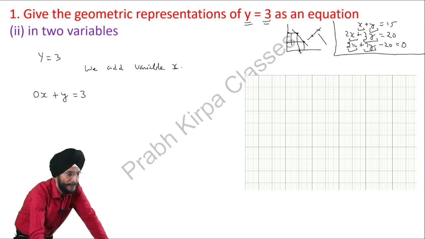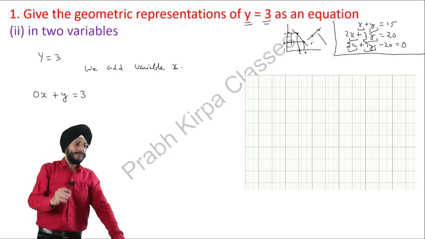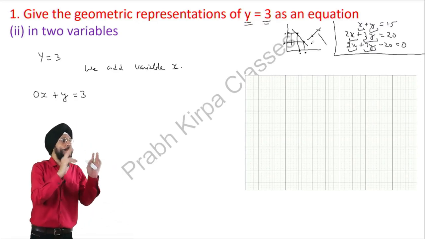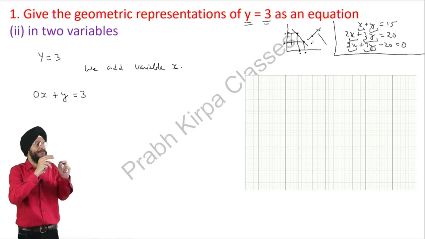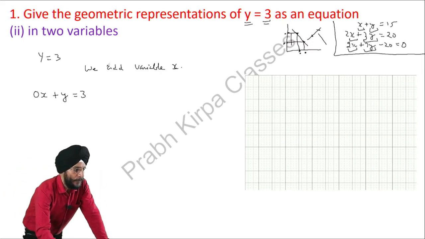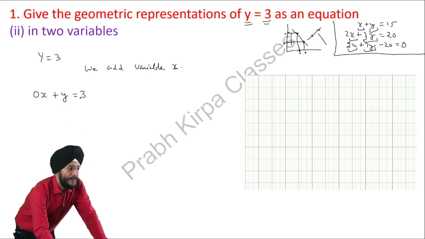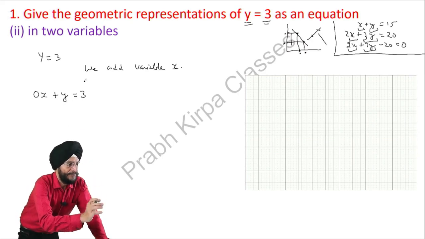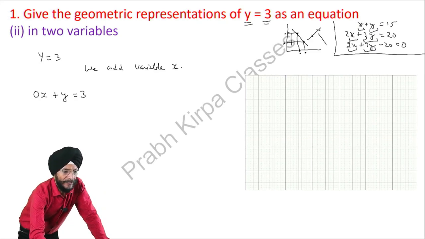That is, we should have at least two solutions of x and y which, when put into the equation, will serve the purpose. How can we understand the same also? That is, if we write x plus y is equal to 15, we can say that x is 8, y is 7, then it is 15.